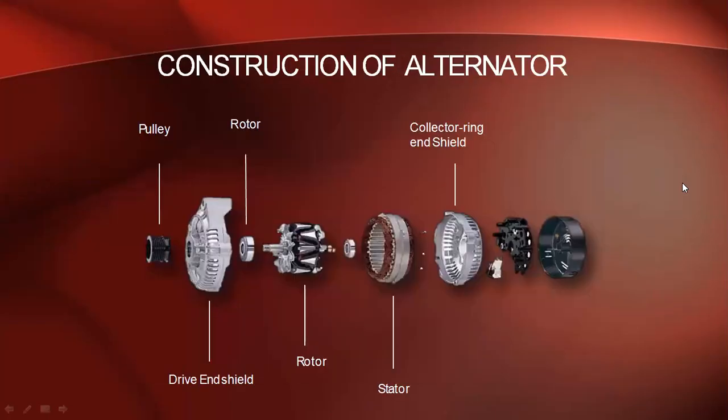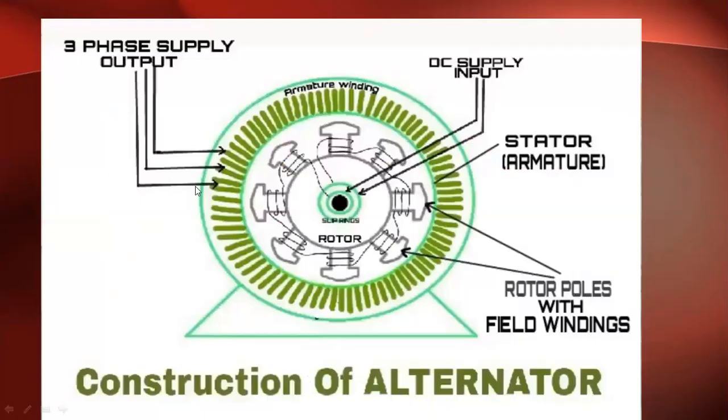Now coming to the construction of an alternator, the main parts are the rotor and stator. I will explain each one. The stator contains slots, and the armature winding is wound on the stator.